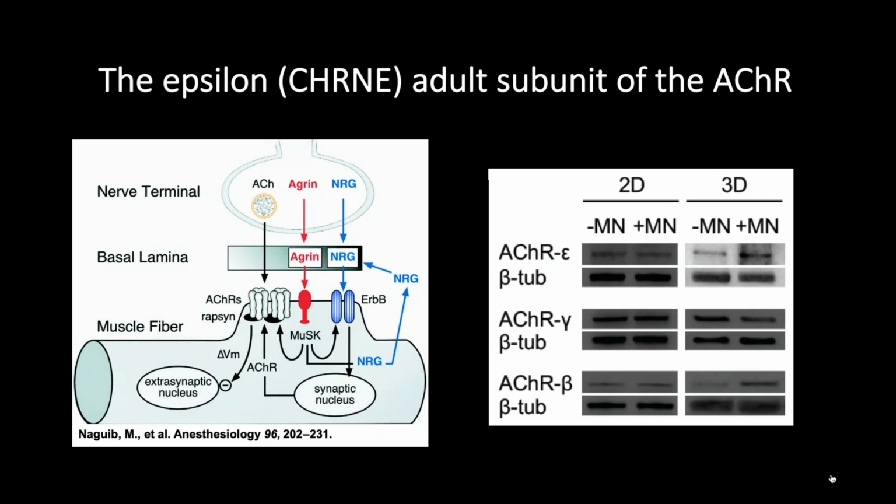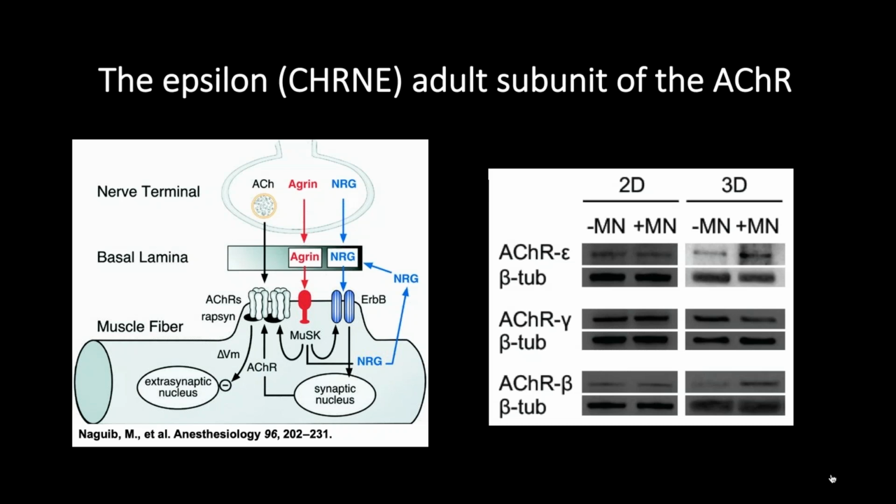However, it started to get a little interesting when we looked at the level of the protein. Here in the top row, we're looking at expression of the acetylcholine receptor epsilon protein, and the left column are 2D cultures without or with motor neurons, and the right column is 3D cultures without or with motor neurons.